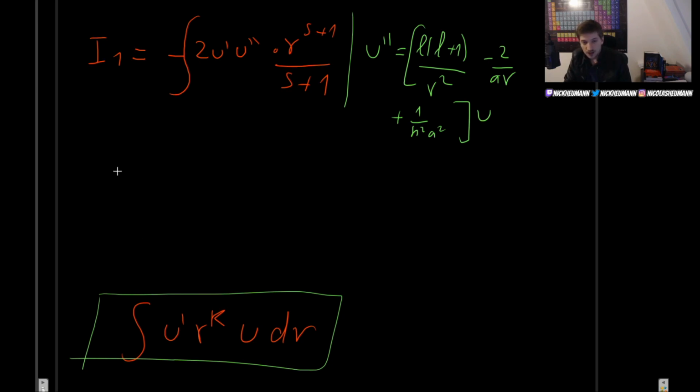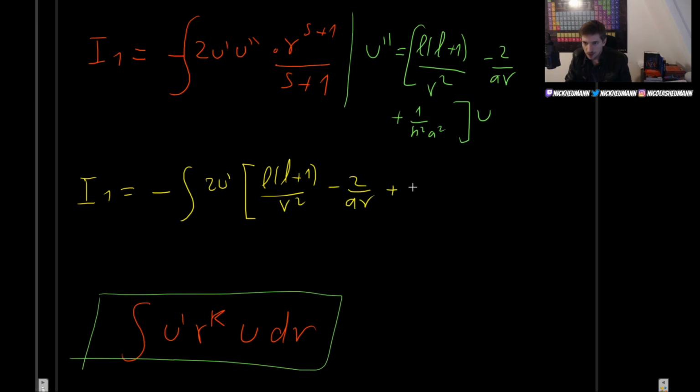So what is that going to be? Well, I1 is minus integral of 2 U prime times L plus 1 over R squared minus 2A over R plus 1 over N squared A squared times U times R to the S plus 1 over S plus 1 dr. Okay, so what will this give us?